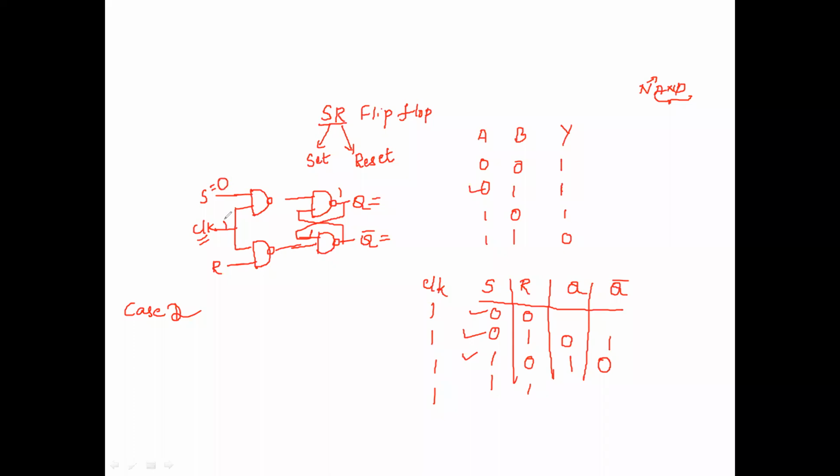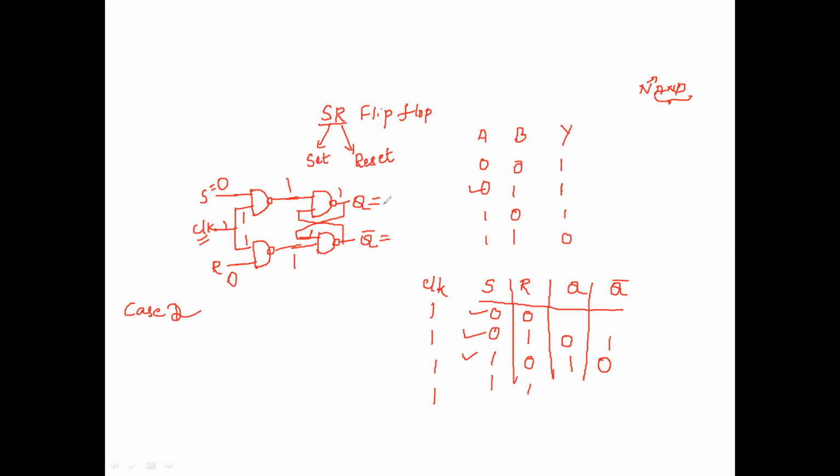When S is equal to 0, R is equal to 0, and the clock is high. Here the clock is high, with 0 and 1, the output is high. 1 and 0 also, the output is high.